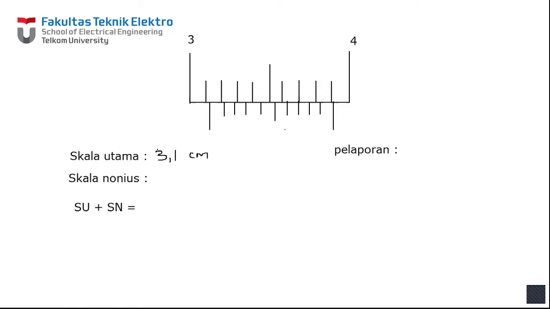Next, we look at the nonius scale below this main scale and find out the parallel line between the main and the nonius scale again. And as we can see here, the most parallel one is on the number 7, right here, this line.